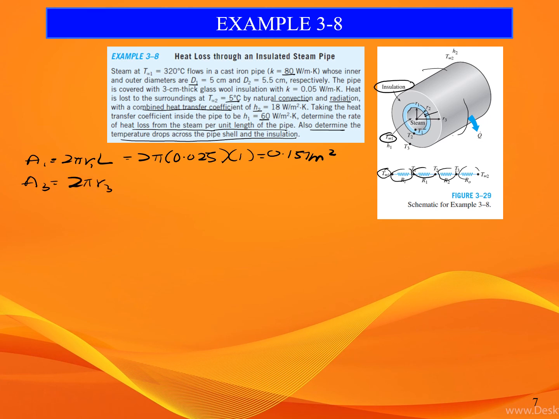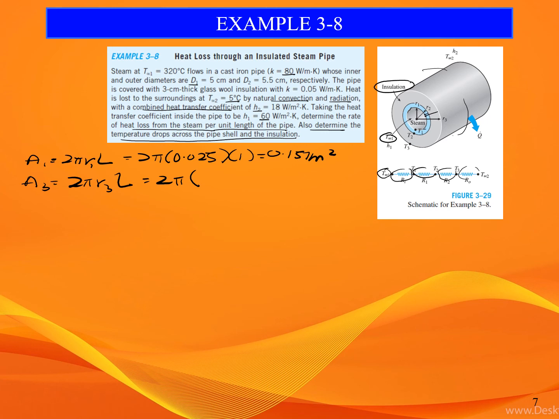And then we need to calculate A3, 2 pi R3, because these two we need to use inside the thermal resistance for convection. That's why we need to calculate. So 2 pi, the radius for 3 is, we have 2.5 cm inside, plus D2 of 5.5 cm divided by 2, which gives 2.75 cm, and then we add the thickness of the insulation, which is 3 cm.